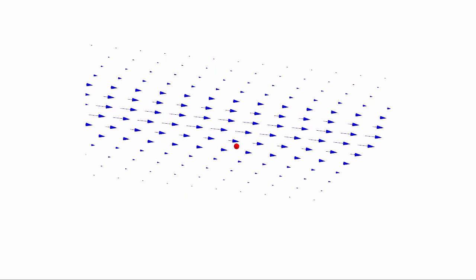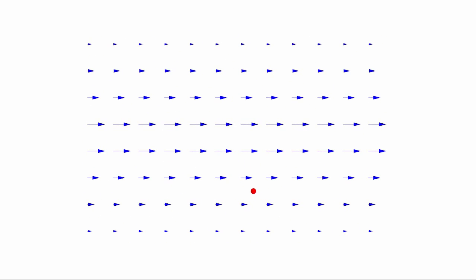Now what about this new point? Which direction should the curl vector point? Pause the video to think about it. We expect the paddle to rotate clockwise this time, since the flow is stronger toward the top, so the curl vector should point downward into the screen.